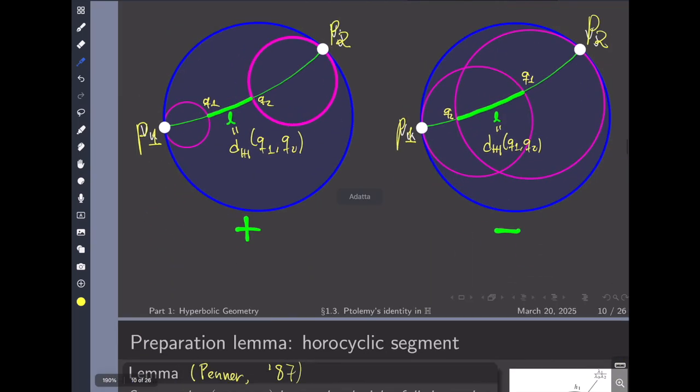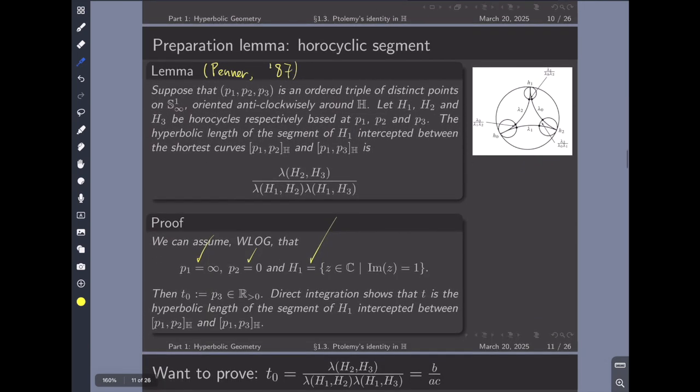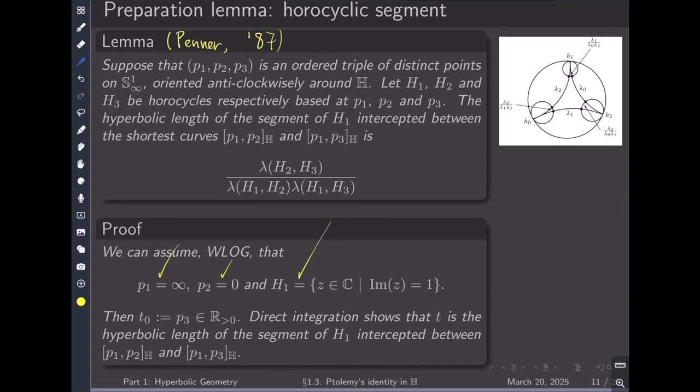So it's obvious that lambda lengths are invariant under isometries of the hyperbolic plane, a fact which I am already using for this without loss of generality.